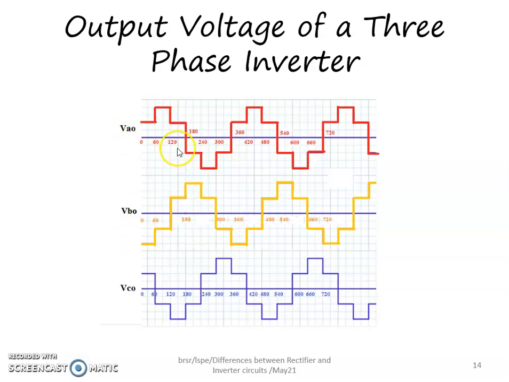The first wave starts at 0, the second wave starts at 120 degrees, and the third wave starts at 240 degrees. So you are getting three single-phase bidirectional outputs from a DC input. This is a 3-phase inverter circuit.